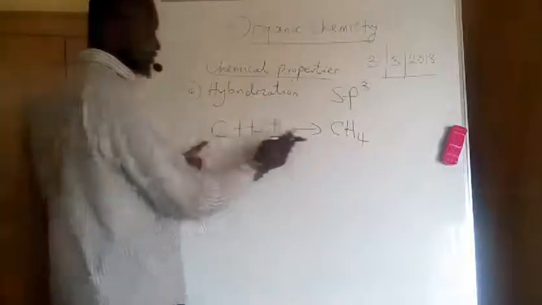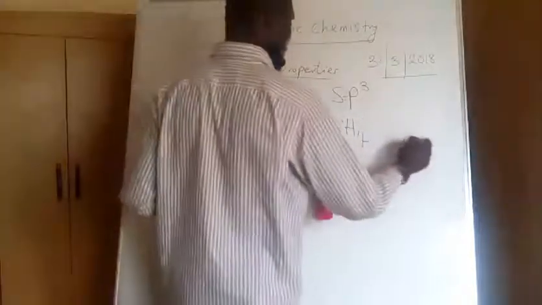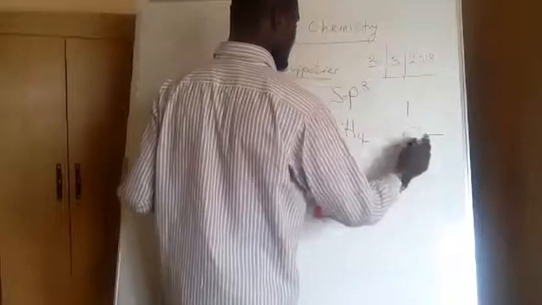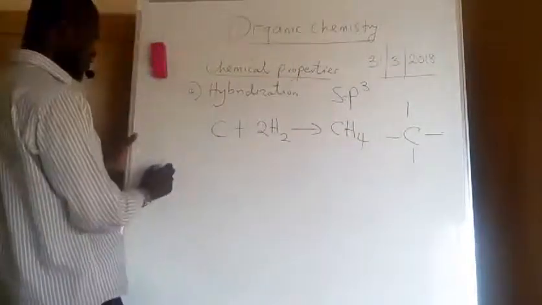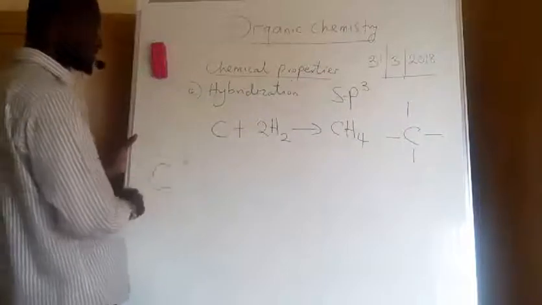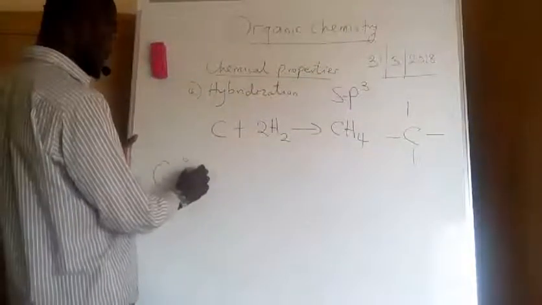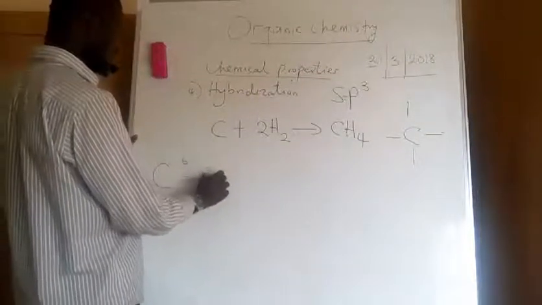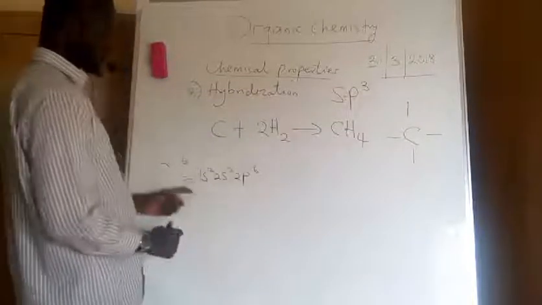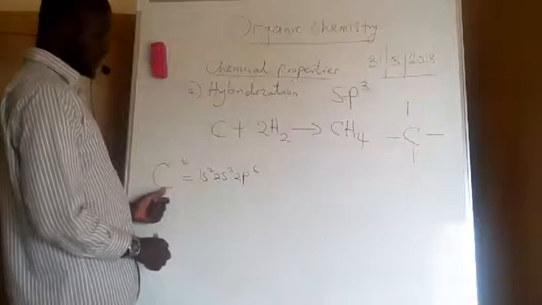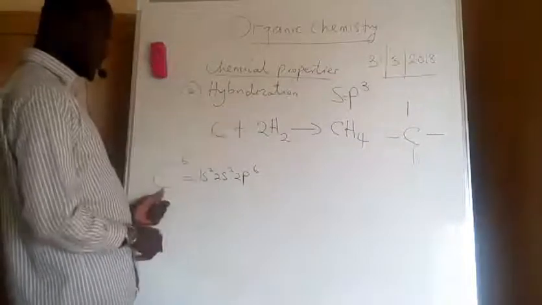Now, if you look at the structure of methane, the central atom is carbon. And the atomic number of carbon is 6, meaning carbon is 1s2, 2s2 and 2p2. This is the electronic configuration of the central atom, which is carbon.